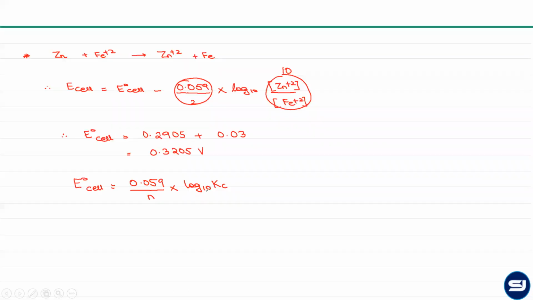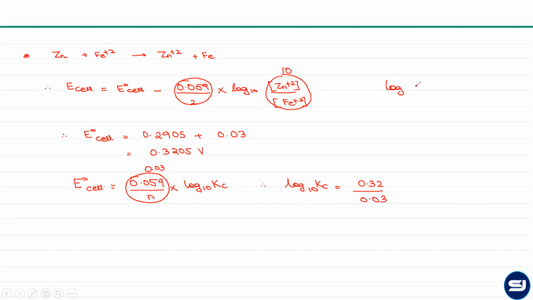First, if I want to see the 10 raised to power relation, I can write log of the equilibrium constant to the base 10 equals E naught into N upon 0.059. And the ratio I have already told you, 0.03, right? So can I say log of Kc to the base 10 is 0.32 upon 0.03?